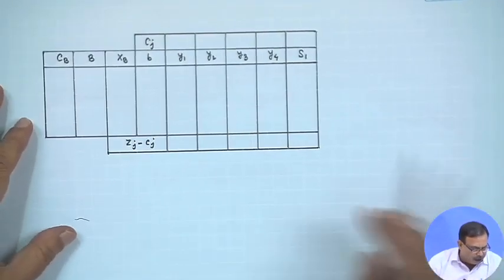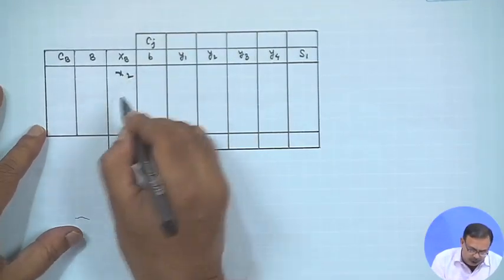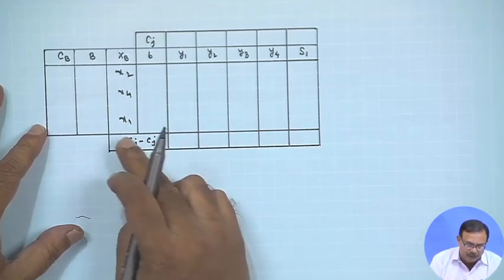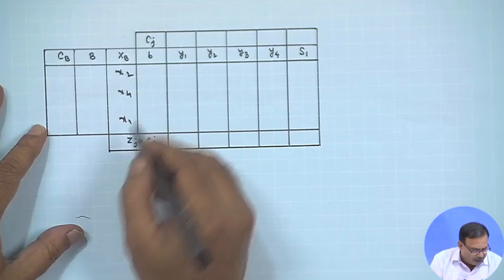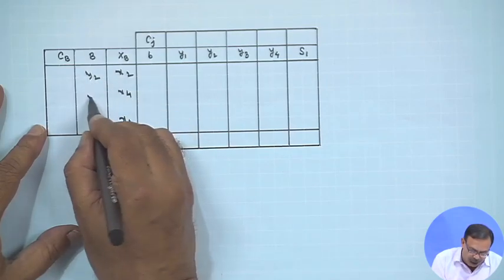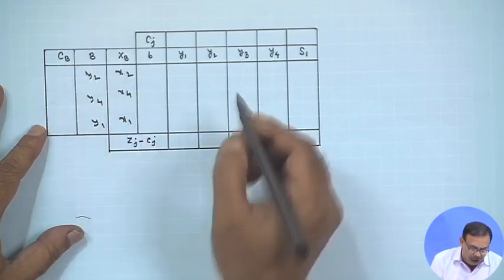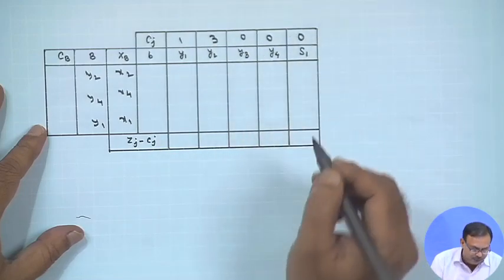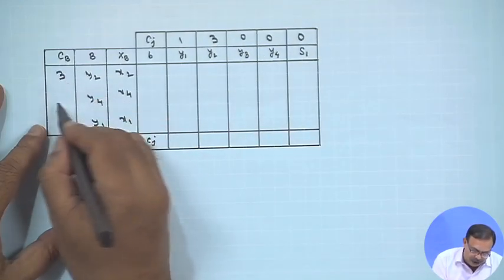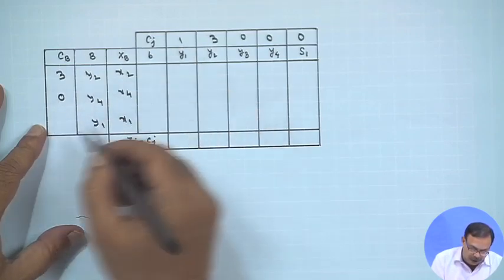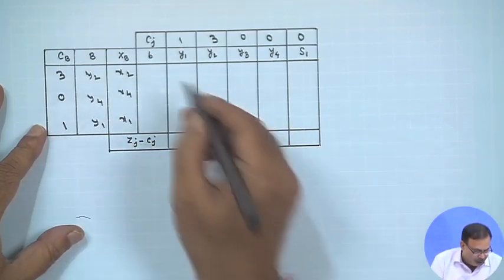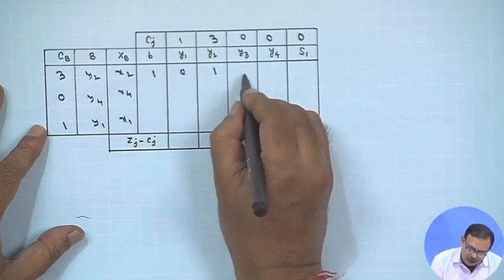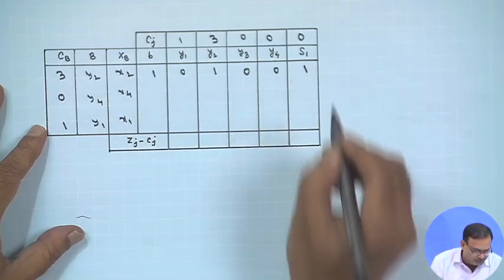In the next table now, you are having X2, X4 and X1, because S1 has been replaced by X1. You are having Y2, Y4 and Y1. Here it will come 1, 3, no change, 0, 0, 0. So, CB's values will be 3, 0, corresponding to Y1 it is 1. So, now it is becoming 1, 0, 1, 0, 0, 1.